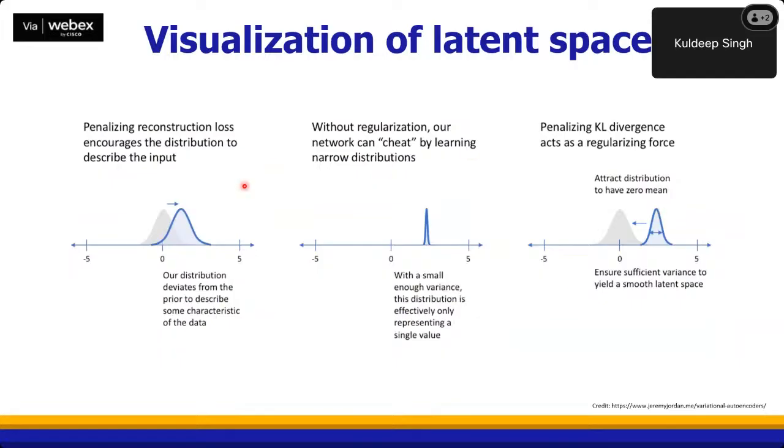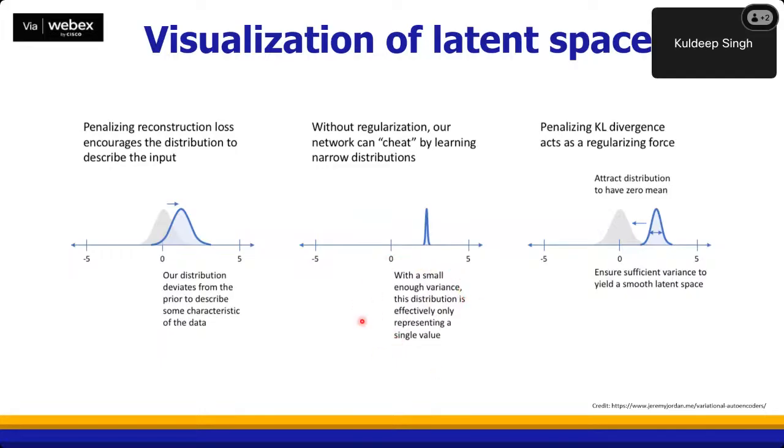So basically, if we are only using the reconstruction likelihood, our distribution will deviate from the prior to describe some characteristic of the data. If we are not using the regularization, there will be a problem while learning the distribution.